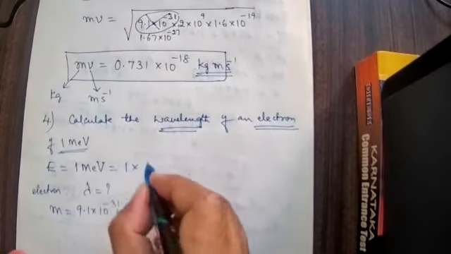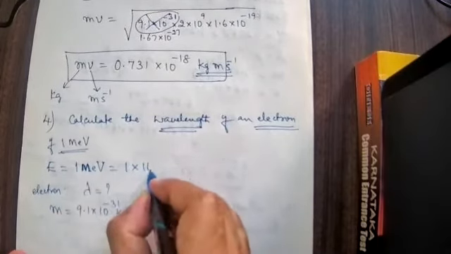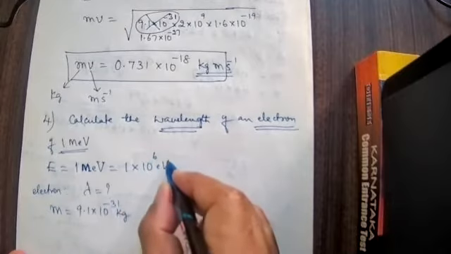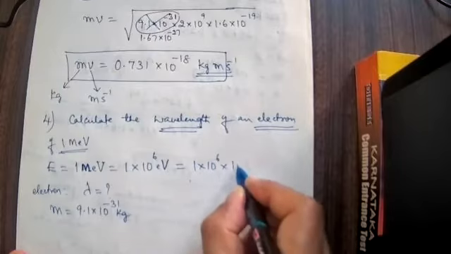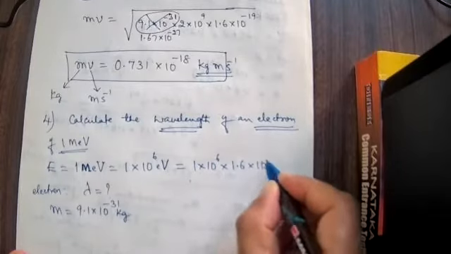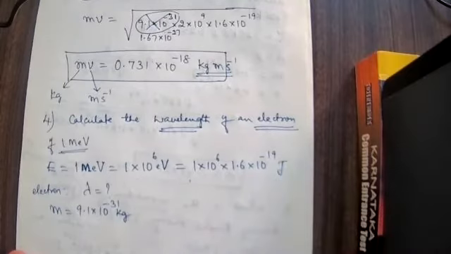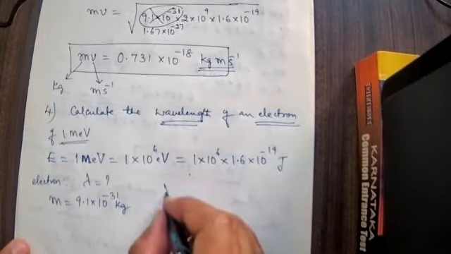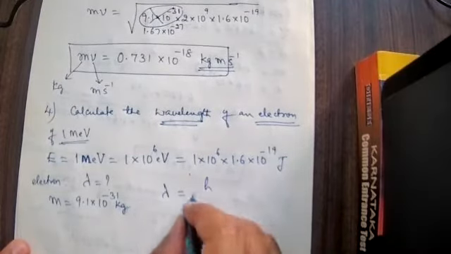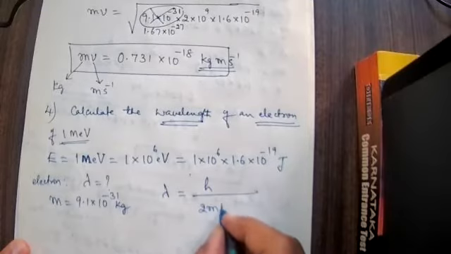1 MeV, million, capital M this is. Million means 10 to the power 6 eV. 1 eV is equal to 1.6, 10 to the power minus 19, so many joules. Convert into so many joules. Lambda is to be determined. So lambda is equal to h divided by square root of 2mE.